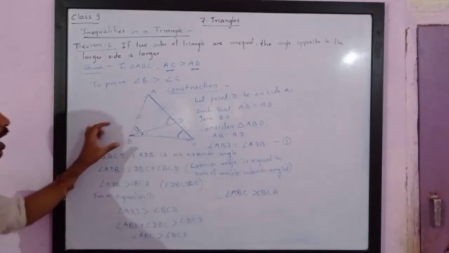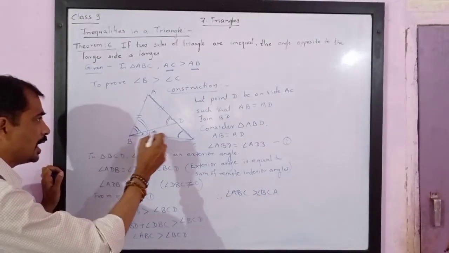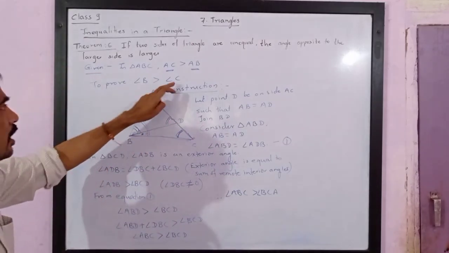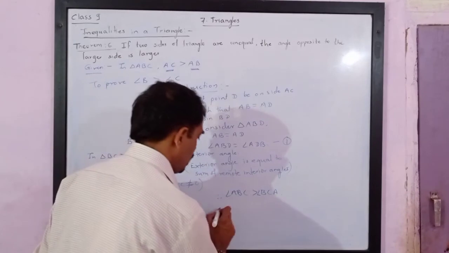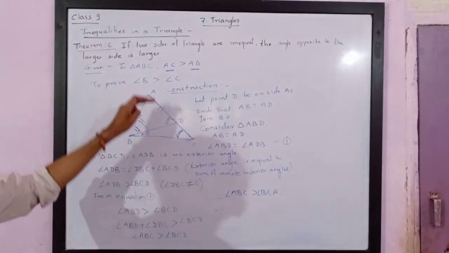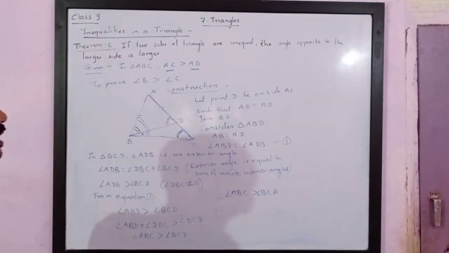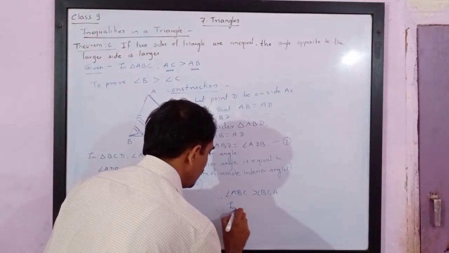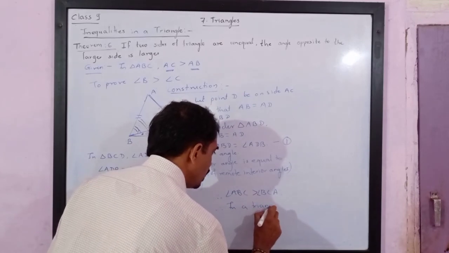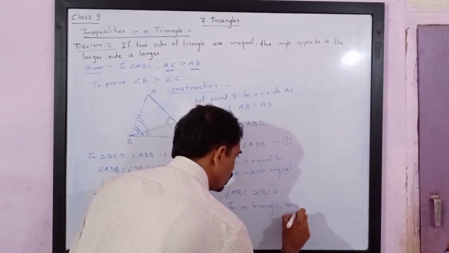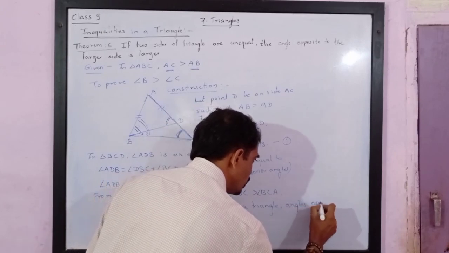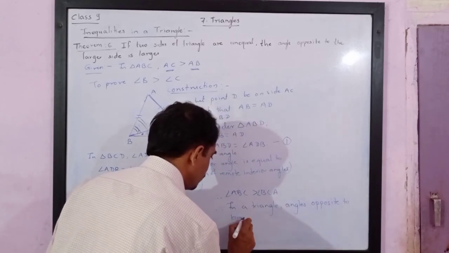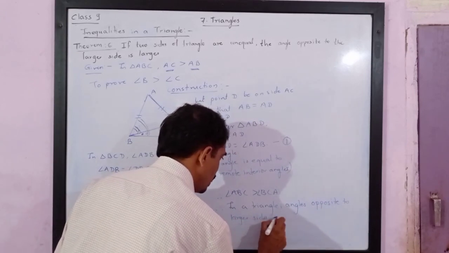Thus, we have proved that angle B is greater than angle C. Hence, we can say that angles opposite to greater sides are always greater. Therefore, in a triangle, angles opposite to larger sides are larger.